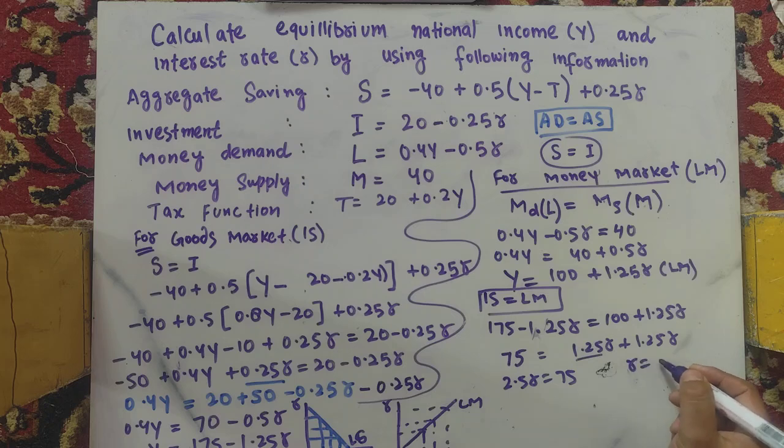So r will be equal to 30. So the equilibrium rate of interest is 30.